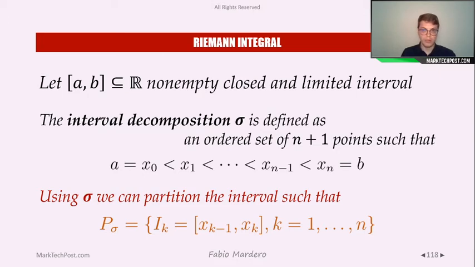So let's focus on the Riemann integral, and let's take a closed interval on the real line. And we define the interval decomposition sigma as an ordered set of n plus 1 points, x0, x1, up to xn minus 1, xn, in this form, where x0 is equal to the left extreme a and xn is equal to the right boundary b.